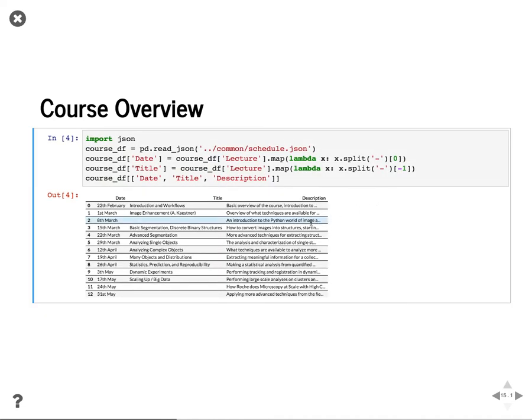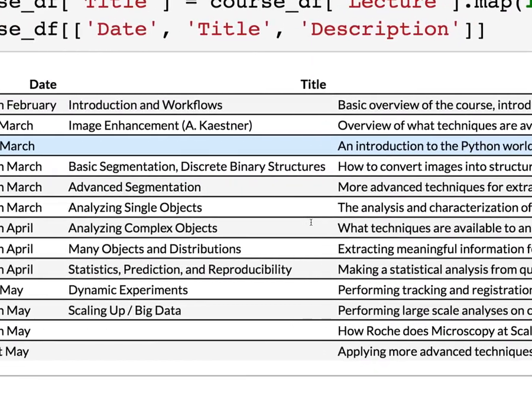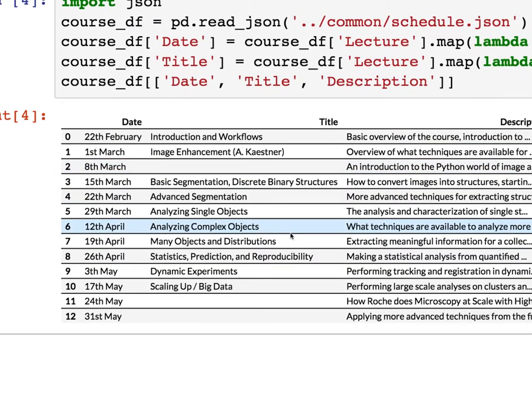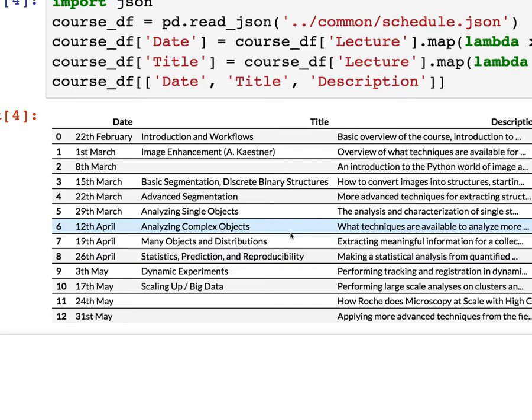So here we have the course overview. The lectures will probably change a little bit, but the general overview is that the introduction and workflows is today. Image enhancement is next week. The week after will either be basic segmentation or a deeper introduction into some of these Python tools, depending on how the planning works.